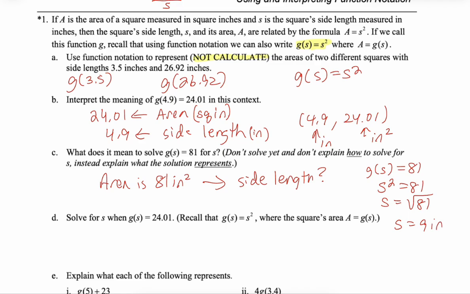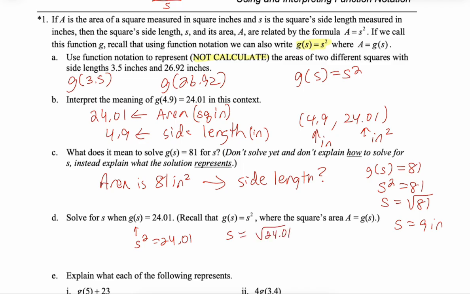Okay. Now, D says to actually solve for it, where g of S is S squared, where the area of the square is represented by g of S. So you can replace this g of S then with its formula, meaning that S would be the square root of 24.01.